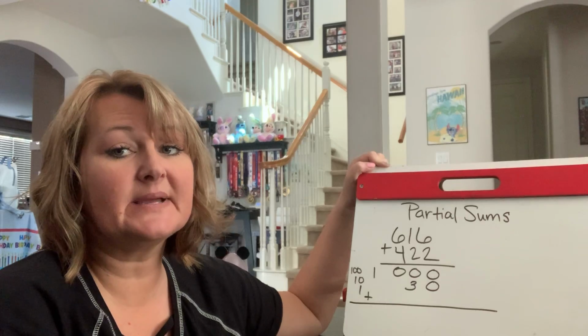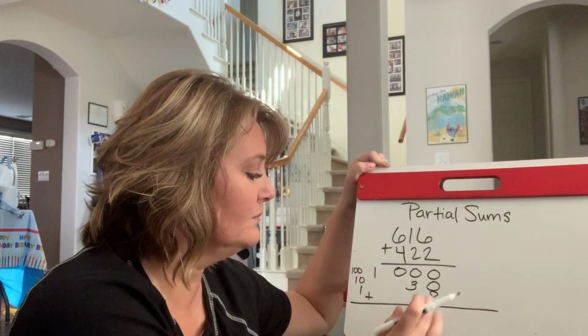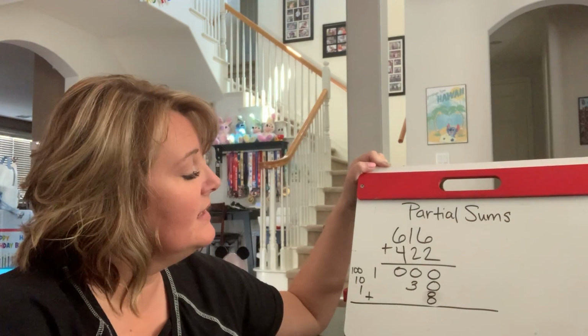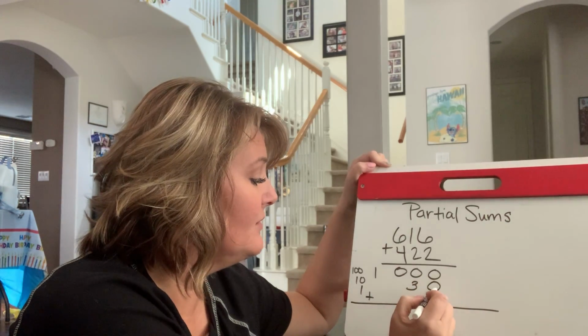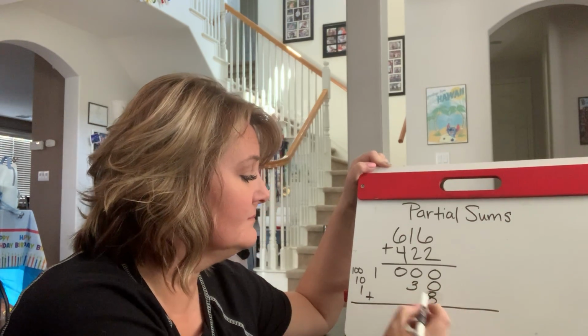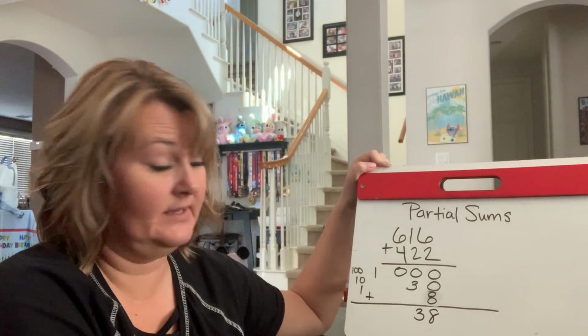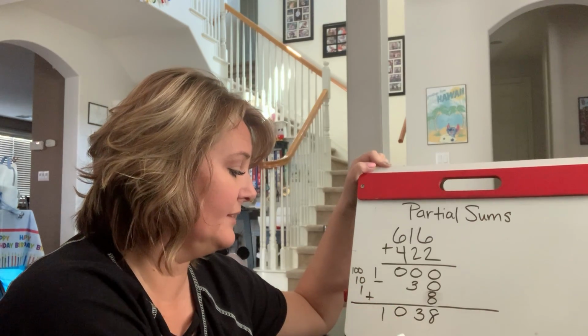I can count up from 6 by 2, 6, 7, 8, and I have my 8. Now, again, I'm adding straight down. So 0 plus 0 plus 8. 0 plus 3. 0 plus nothing. Still 0. And of course, our little lone 1 out here.